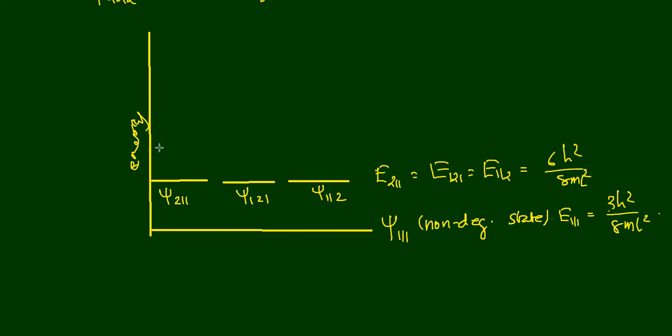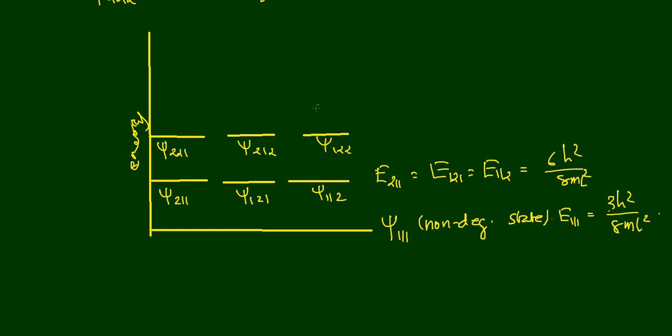And now we can go for the next one, that is the case where two quantum numbers are 2. Means this one, this one, and this one. Okay, they have the same energy, and this corresponds to psi 221, psi 212 and psi 122.